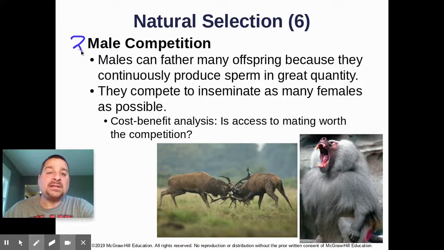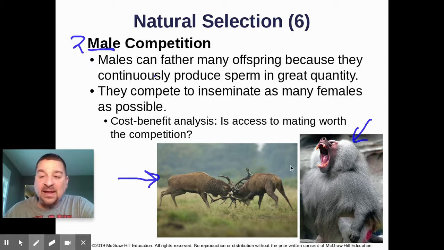Secondly, we discussed the male competition a little bit. Males are obviously not giving birth to the offspring in most species, and so they fight to father as many offspring as possible. And so they compete, with the females in their herd, in their group, to be the fathers. And so you often get this leader of the troop that is the dominant or alpha male.